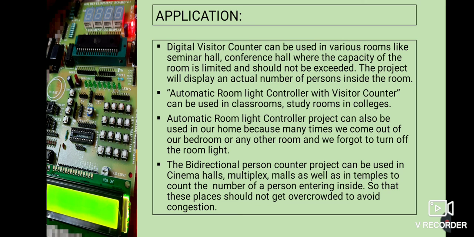Automatic room light control projects can also be used at home, because many times we come out of the bedroom into another room and forget to turn off the light. The bidirectional person counter project can be used in cinema halls and multiplex malls to count the number of persons entering, so that these places do not get overcrowded, avoiding congestion.